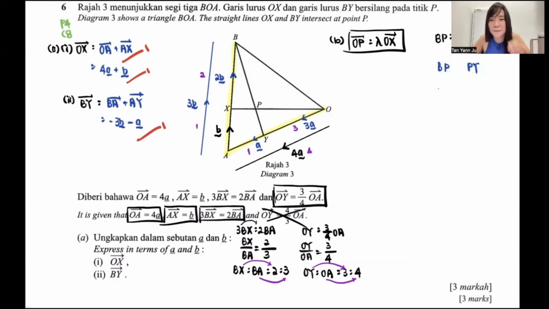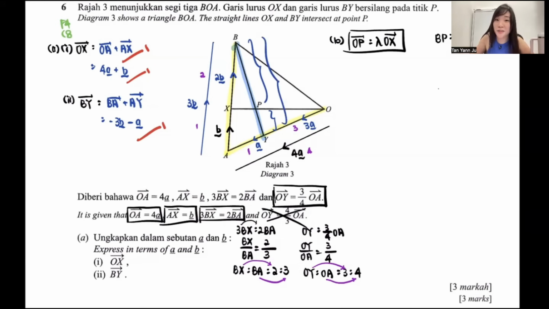So guys, please understand one thing. Whenever I ask you to find the ratio for BP to PY, you do not necessarily have to use BP and PY. You just need to use any segment as long as it is on that line. So for this blue line, other than BP and PY, there is still BY, correct?